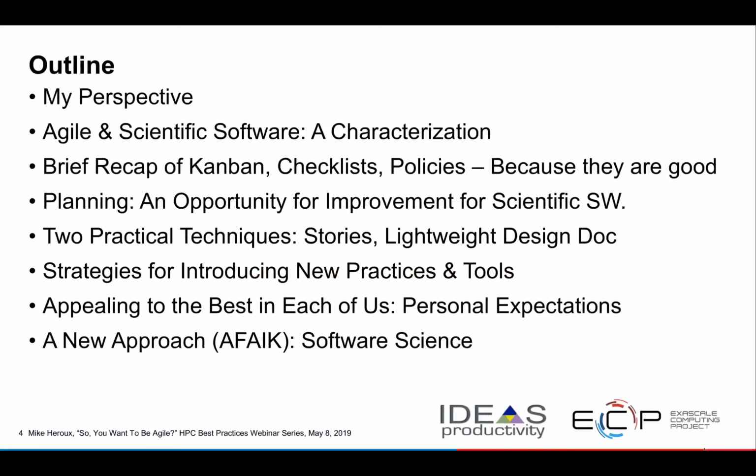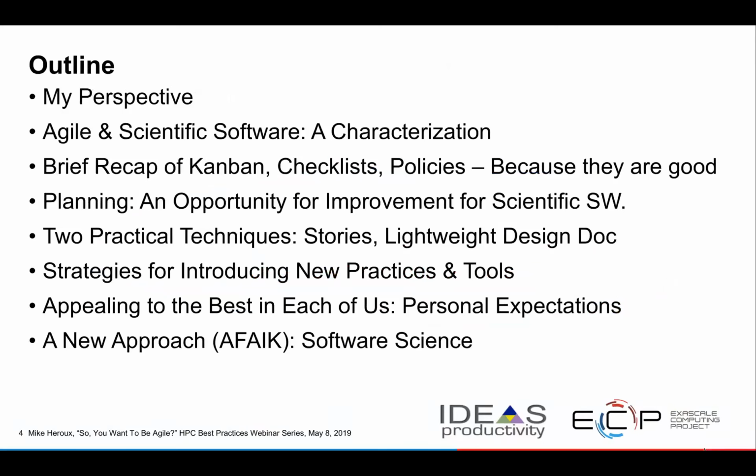So a bit of an outline. First, I give some talks in this area, and I always try to give a characterization of my perspective. I am not an expert, so I'll tell you my perspective on these topics. Then we'll discuss what I think is a decent characterization of Agile and scientific software.